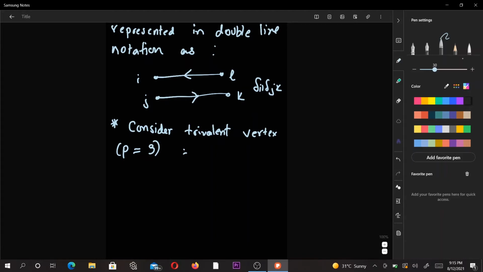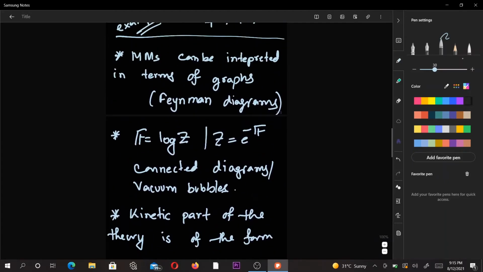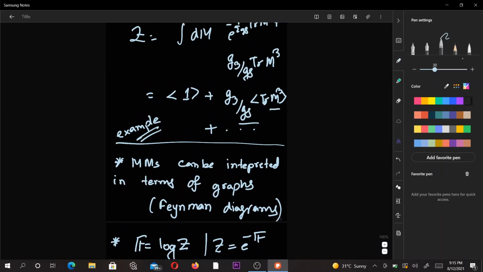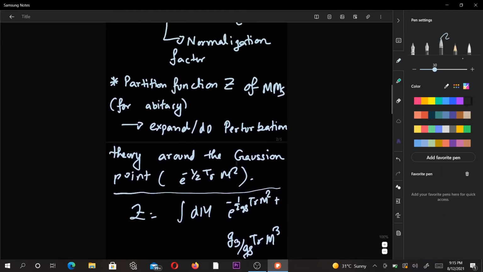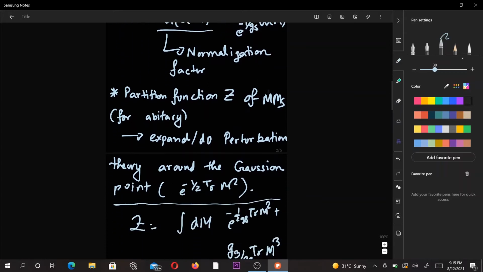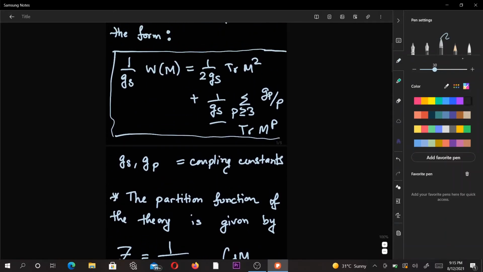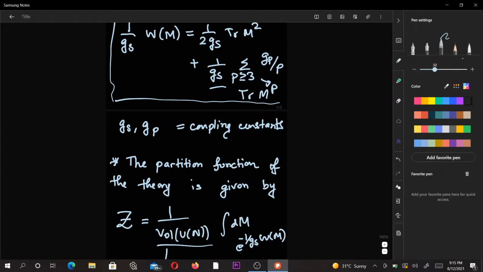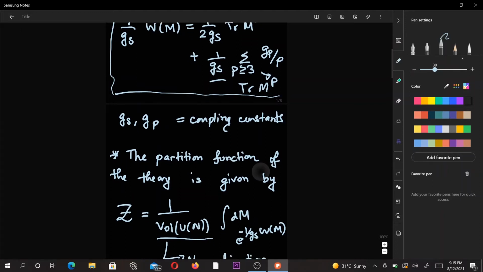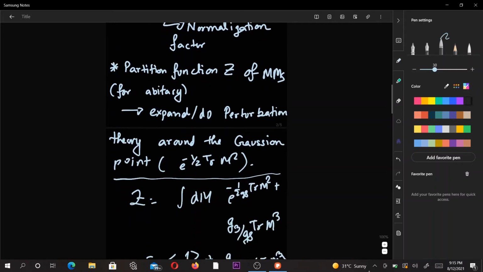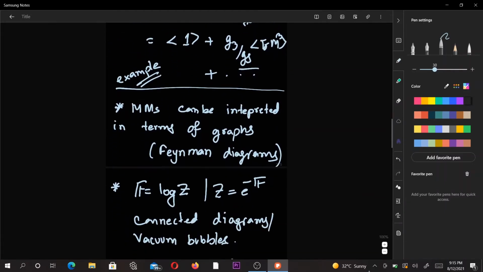If you remember, the different powers of this trace correspond to different valency. Let's say if I'm dealing with trace of M cubed, I'm dealing with graphs of valency 3, trace of M^4, graphs of valency 4, and so on.